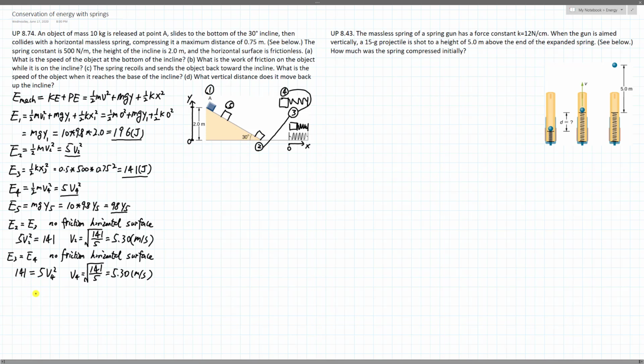So let's assume that this is friction's work less than 0. So we can say that E1 plus work by friction is the same as subtracting a positive number that equals E2. So work by friction is equal to E2 minus E1.